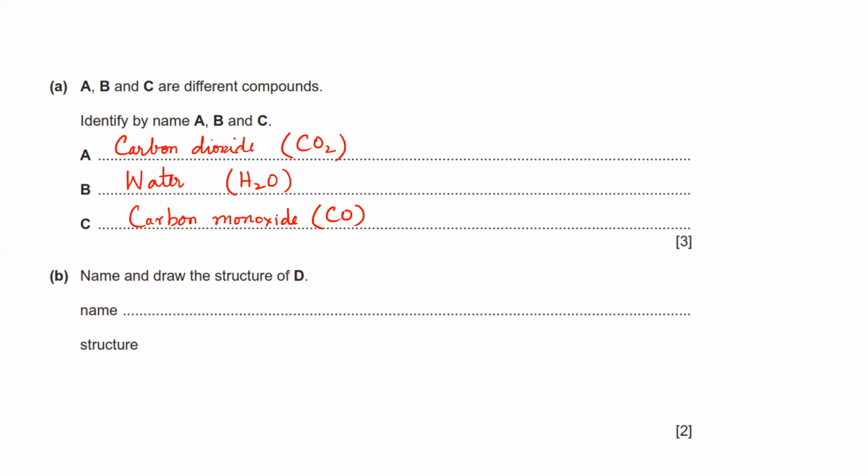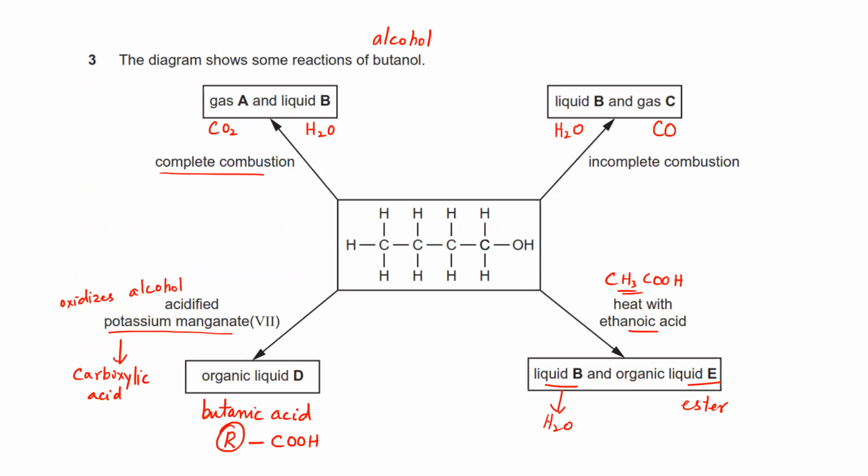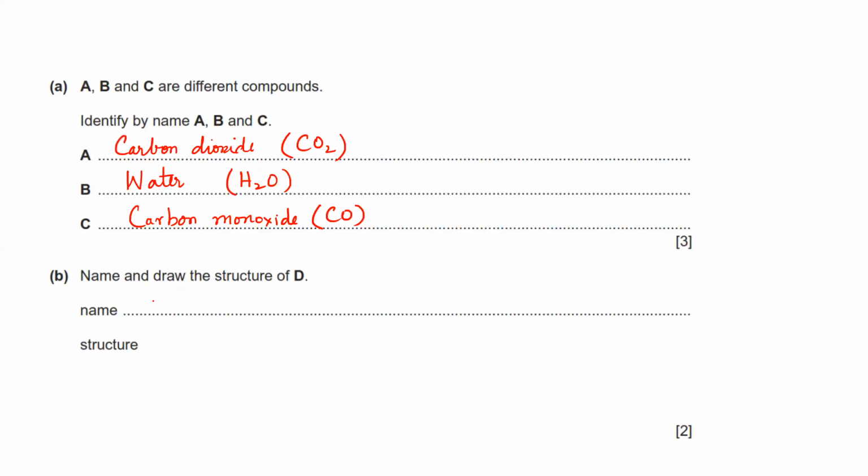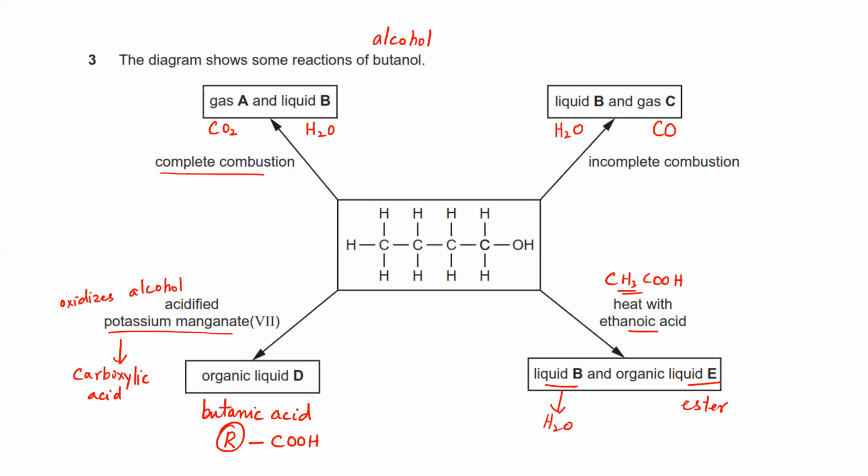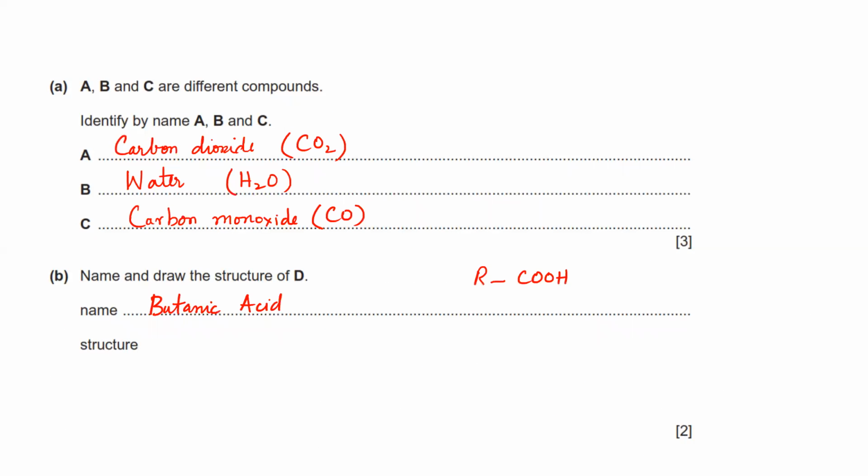And then it says part B, name and draw the structure of D. So remember, the D was butanoic acid, the carboxylic acid. The name was butanoic acid. So remember, the structure would be R-COOH. So let's write the formula: 1, 2, 3, 4, and this 4 comes. So C3H7COOH.